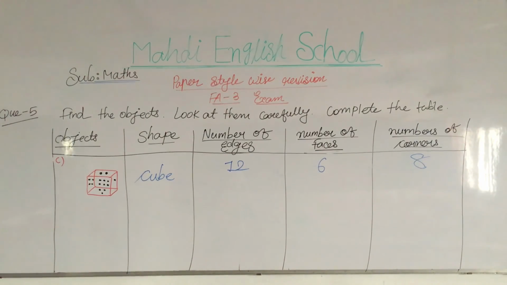Now you take the time for writing here. Take the time and write first of all the object, meaning draw the object, then write the shape, then the number of edges, the number of faces, and the number of corners. And then we will move on further, my dear students.